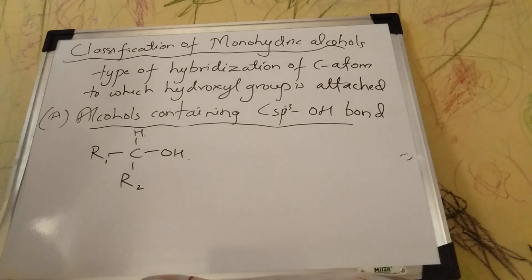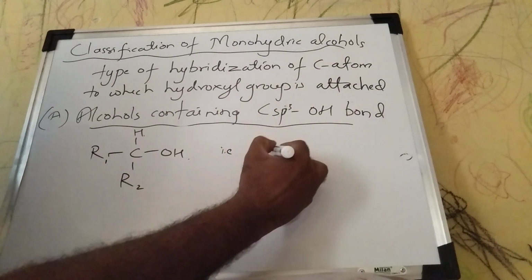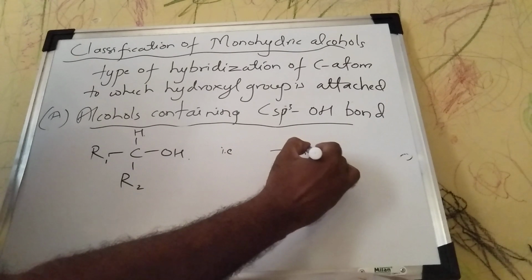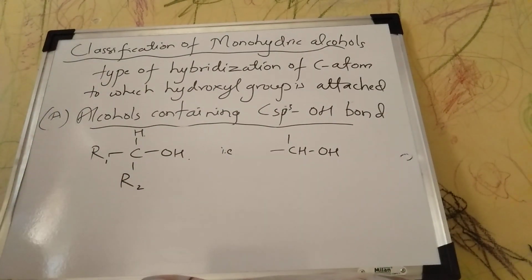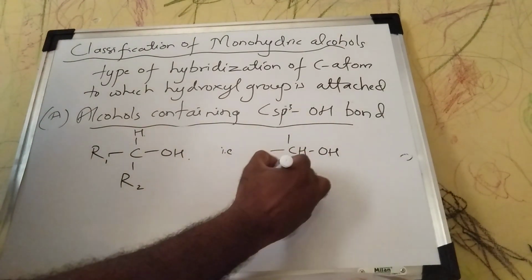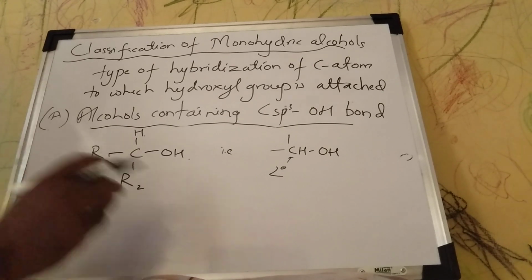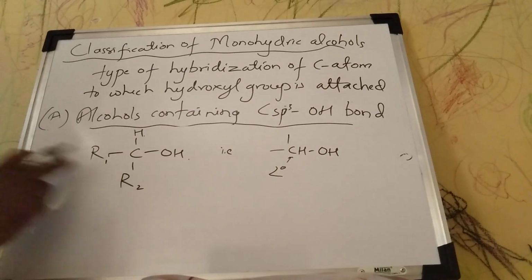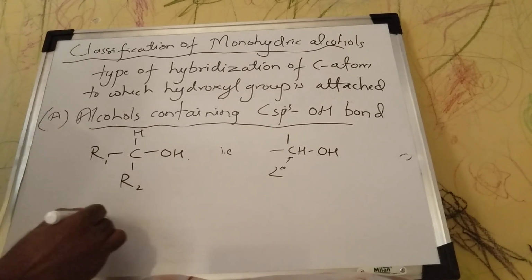The alkyl groups may be same or it may be different. So in general, the functional group includes CH, OH. This is the secondary carbon atom. We'll replace the remaining valencies, the R, with different alkyl groups.